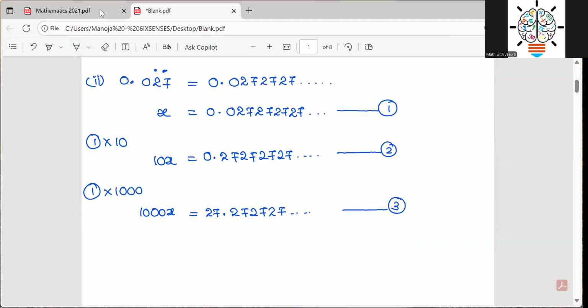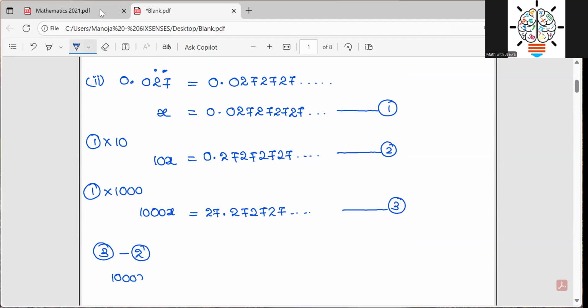Then, children, I subtract the second equation from the third one, so 1000x minus 10x equals 27.272727 minus 0.272727 like this.